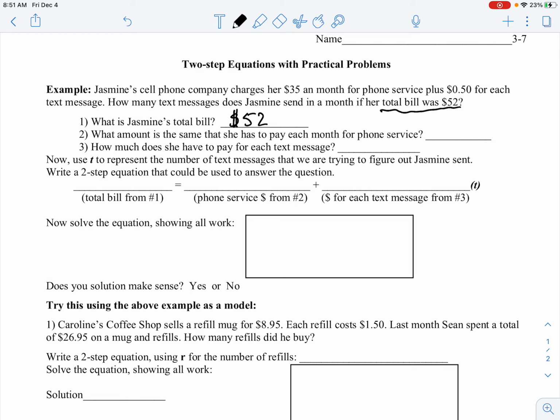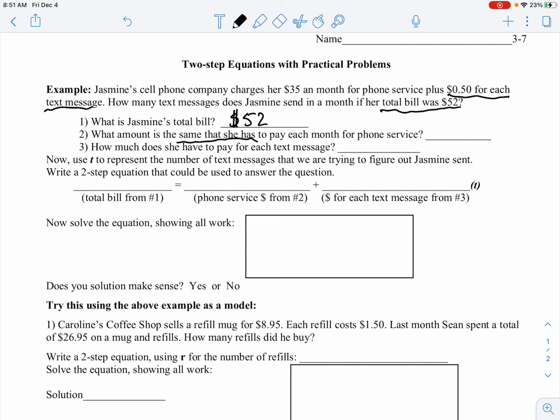So what is the same amount that she has to pay each month for the phone service? Well, if we take a look at our 50 cents here, is that going to be the same each month? Well, in month 1, she could send 20 text messages. In month 2, she could send 40. So this could be different each month, right? So that's not what we're looking for. We're looking for what is the same amount that she's paying each month.